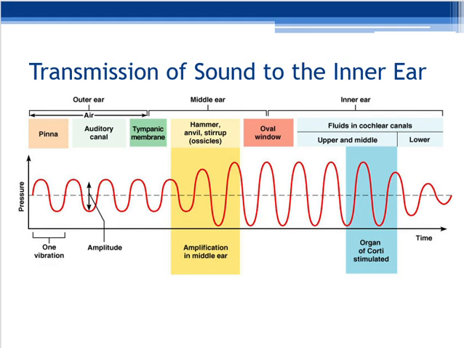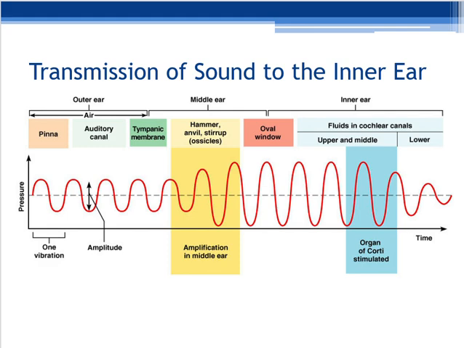Alright, here is transmission of sound to the inner ear, and this is going to be kind of our overview before we go back to how sound is processed from external or outer to middle to inner ear. So first, sound waves are moving through the outer ear, and they hit the eardrum.